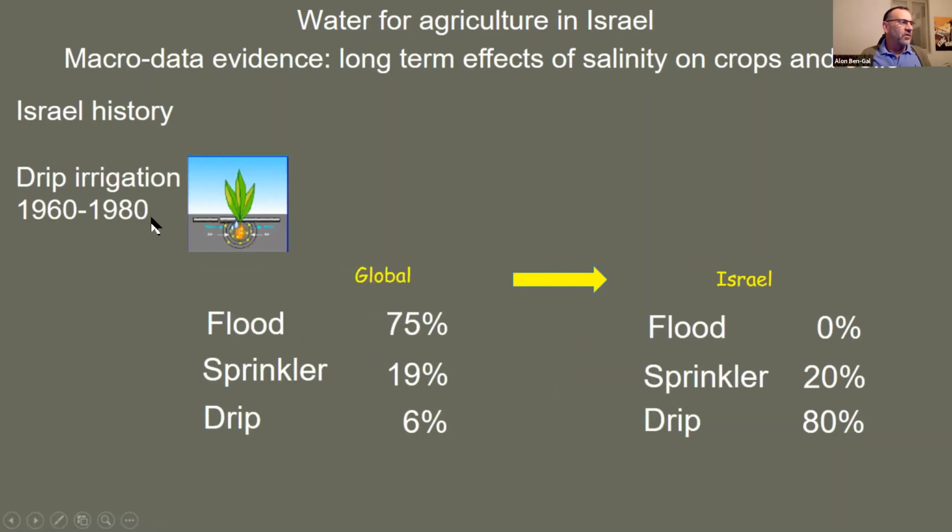Into the 1980s, there was a complete movement towards pressurized irrigation in Israel, with no surface irrigation left at all for the last 30 years, at least 40 years. Most of the irrigated land is drip irrigated, and the rest is sprinkled, whereas the rest of the world today is still at about 75% surface irrigation.